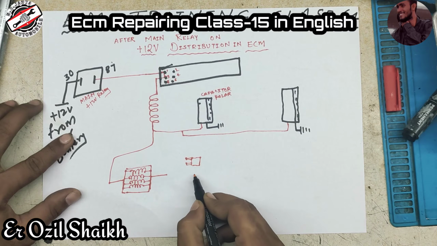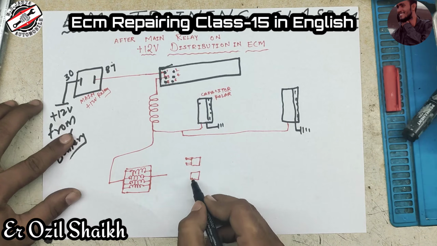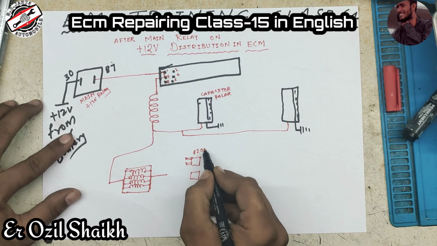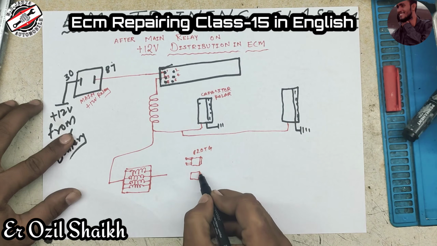And this is the diode. It is not a MOSFET. It looks like a MOSFET, but this is the diode. And this coil is 620 TG. Okay. And this is the MOSFET.